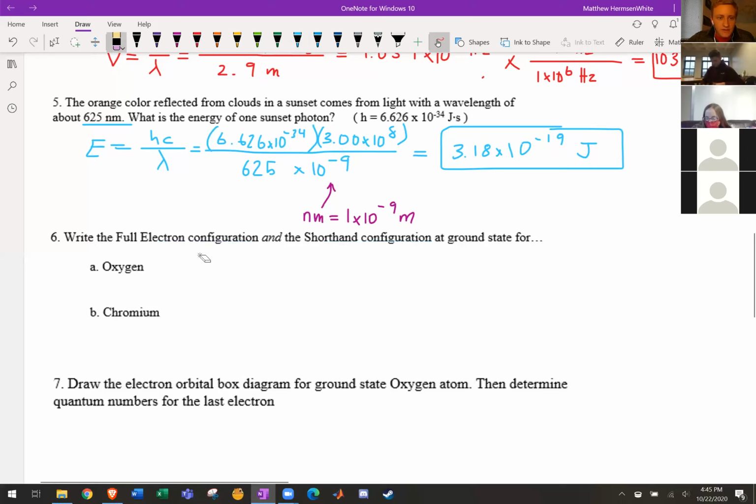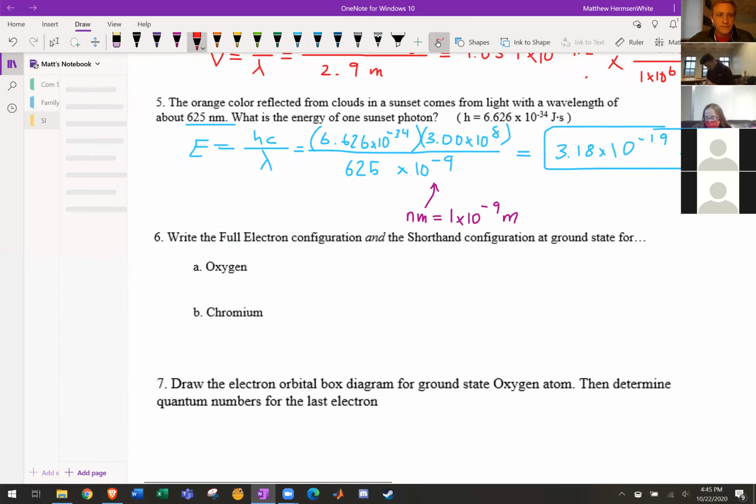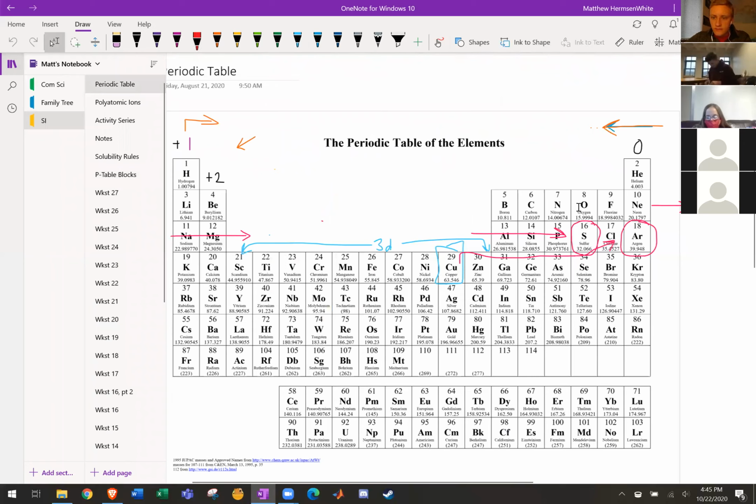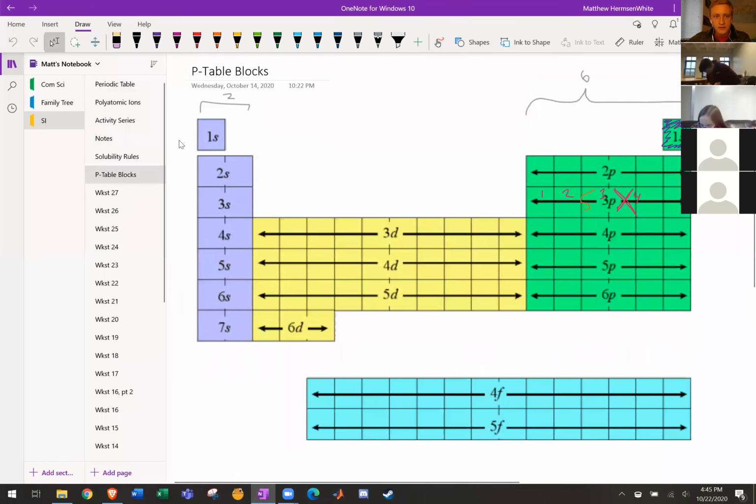So let's grab the full configuration first. You're going to need a periodic table, and I like to use this one and superimpose this in my mind on top. So oxygen is right over here, box number 8. If I superimpose that onto this one, it would be located right over here.